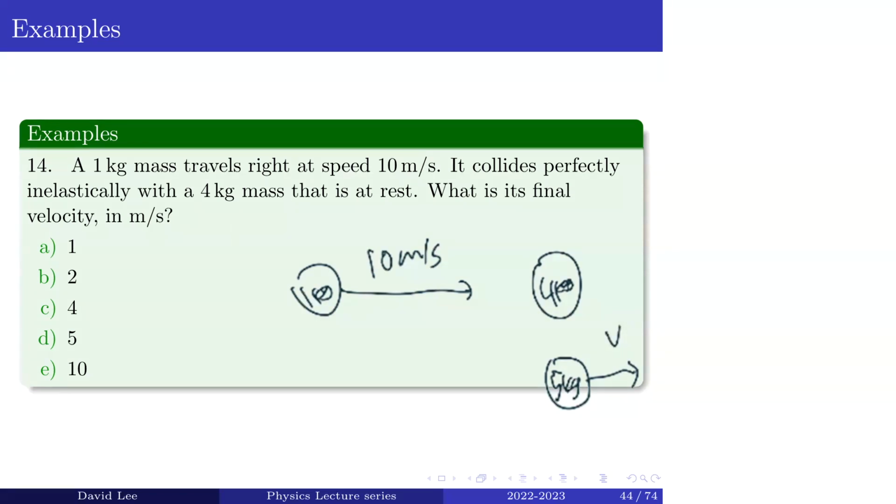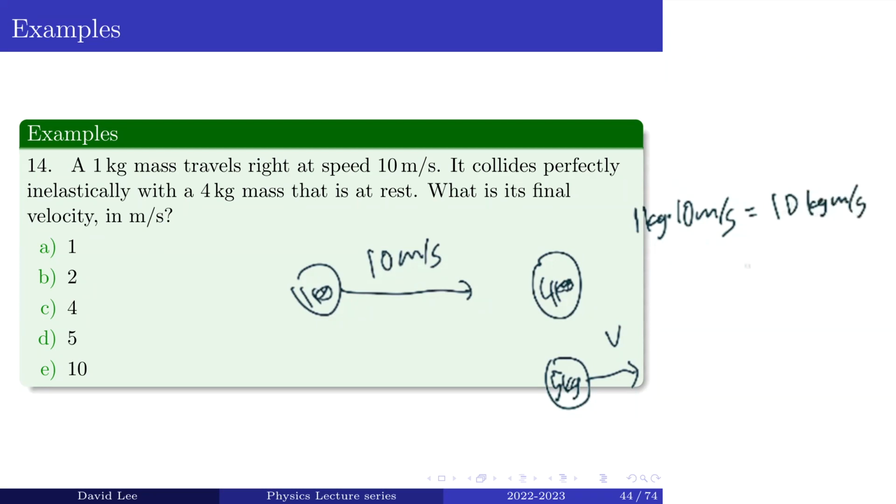Okay, but we have to have conservation of momentum. So what's the initial momentum? Well, it's just 1 kilogram times 10 meters per second. And the 4 kilogram mass doesn't have momentum. So the total momentum is 10 kilogram meters per second.